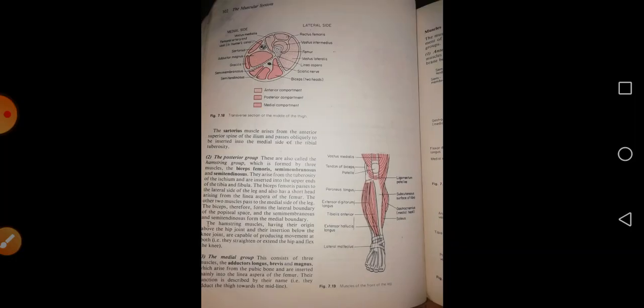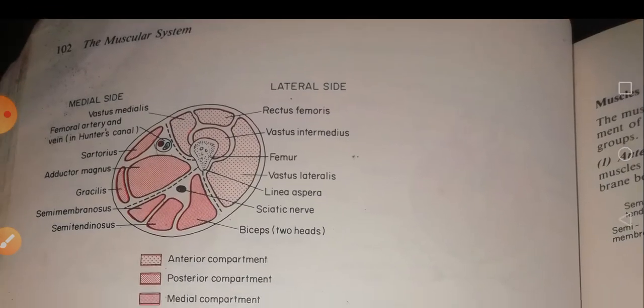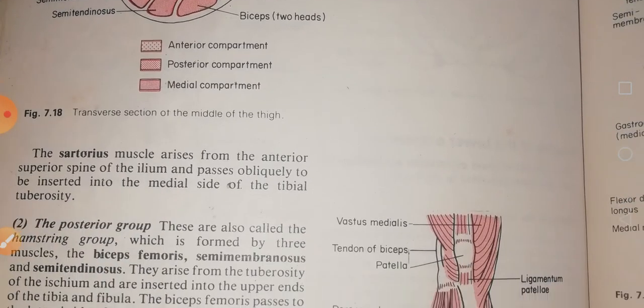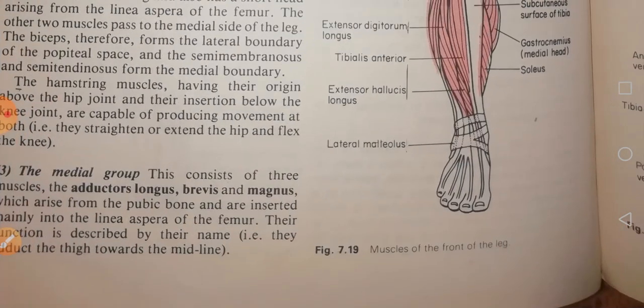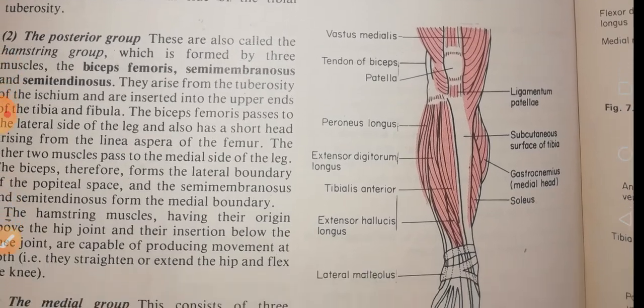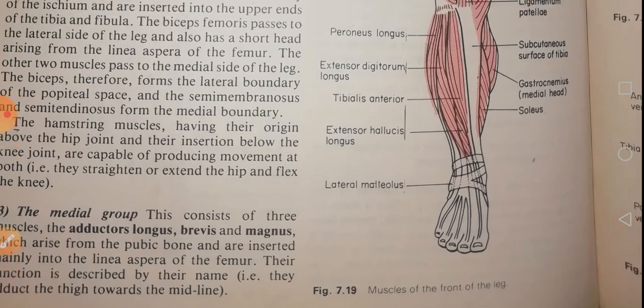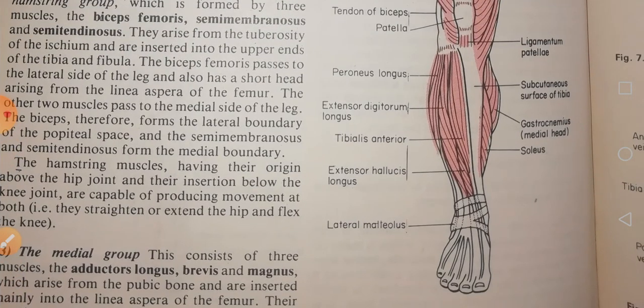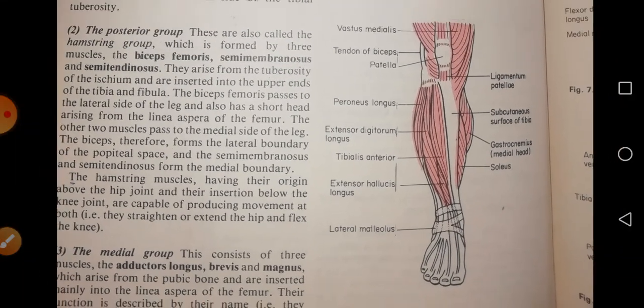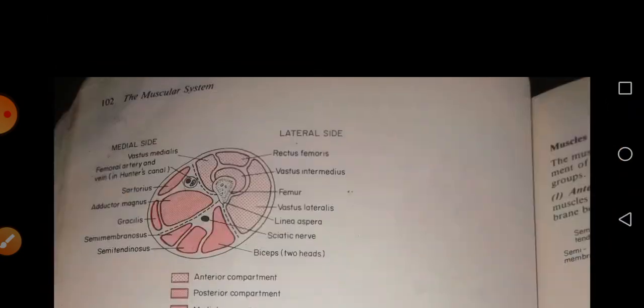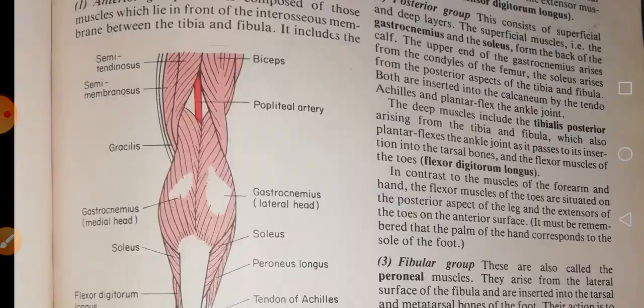Next, these are the muscles of the back of the leg: biceps femoris, semimembranosus and semitendinosus muscles. It is not that important, but I have given this picture just for an idea.